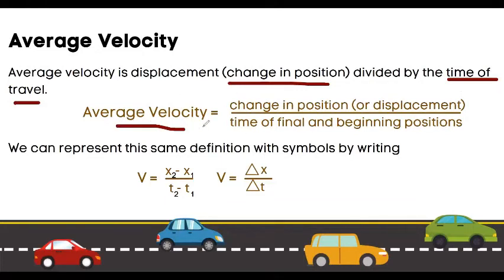We define displacement as the change in position, so you have your final position minus your initial position, divided by the time of your final and beginning position, time 2 minus time 1. Or we can say this is the difference in position over the difference in time. So this is our formula for getting the average velocity.